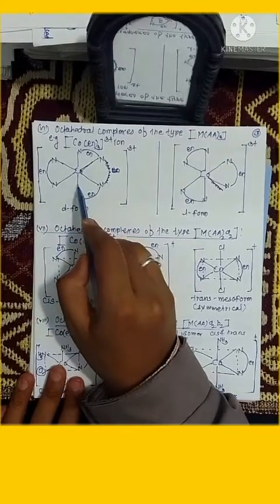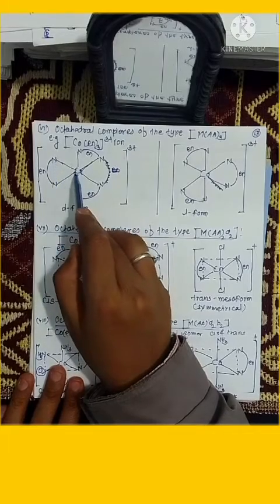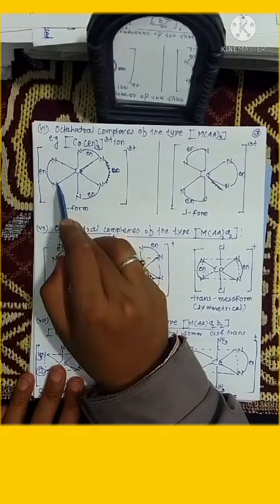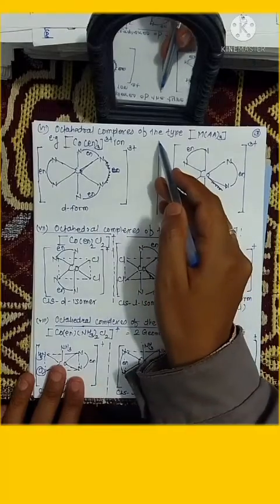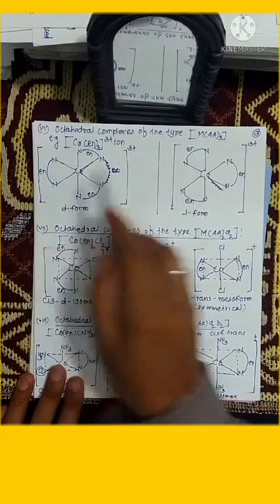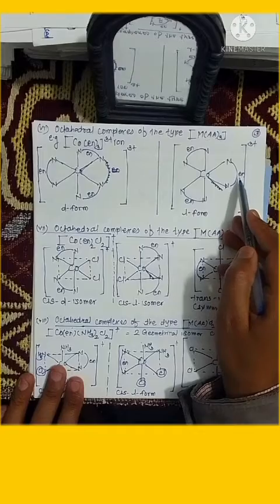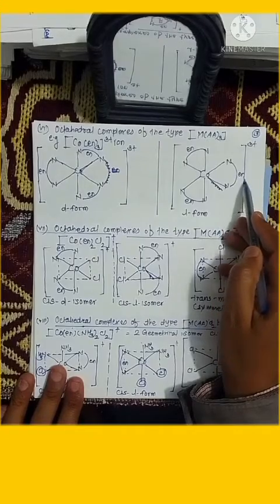In the D form, one of the ethylene diamine ligands is present on the left hand side. When we place a mirror in front of it, obviously the ligand which is present on the left hand side is shown on the right hand side.